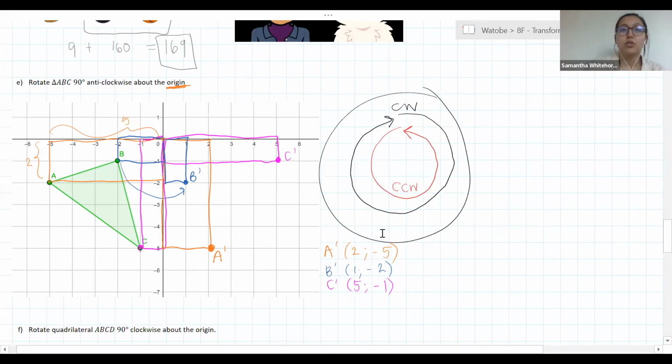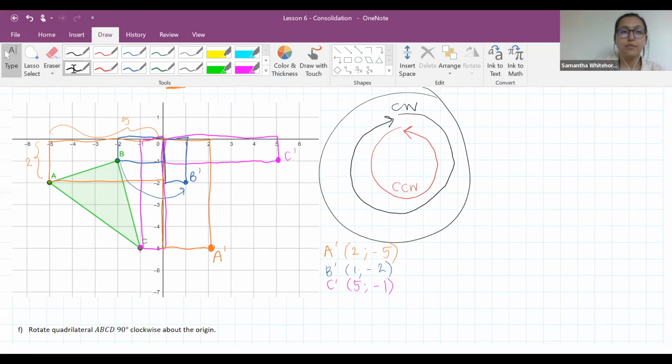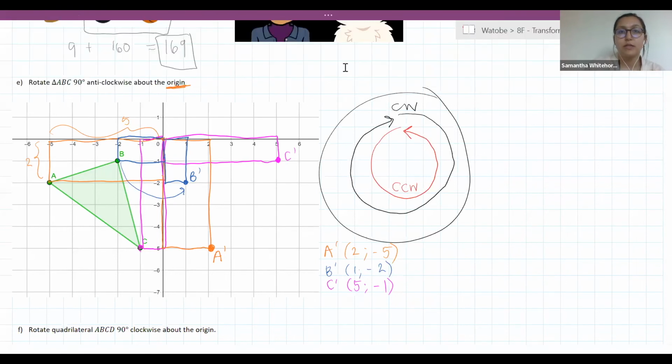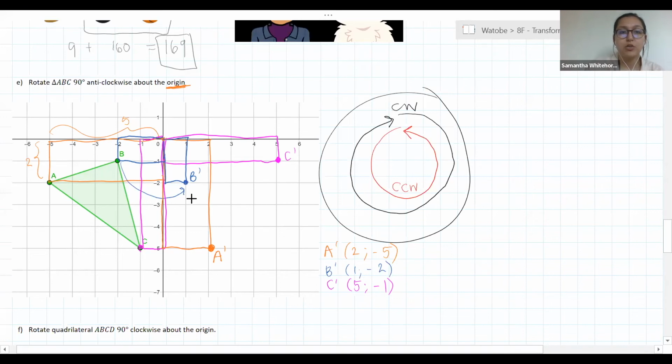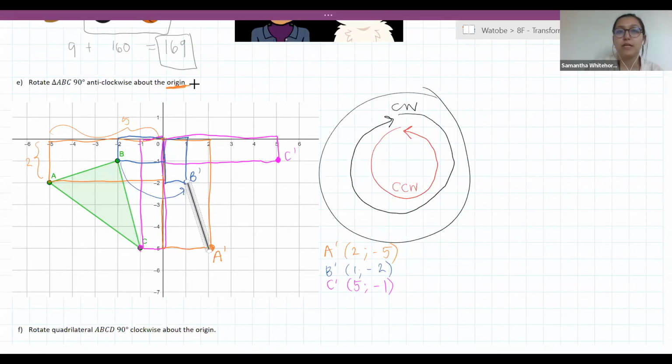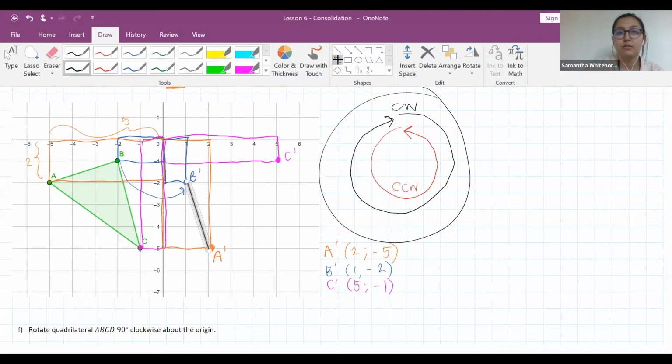So if I now want to draw in my triangle, which I'm going to try to do a little bit neater here, obviously you use a ruler. We now join all of our vertices. And we get our rotated triangle. Oh, I thought it was going to be neater, but I don't think it is.